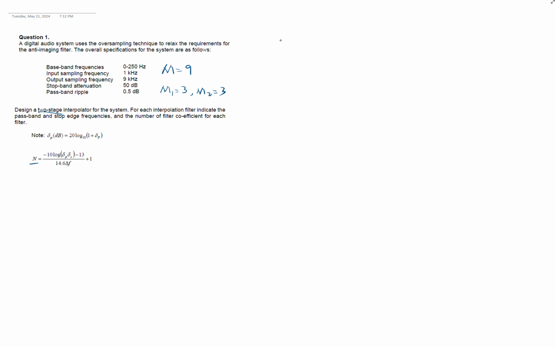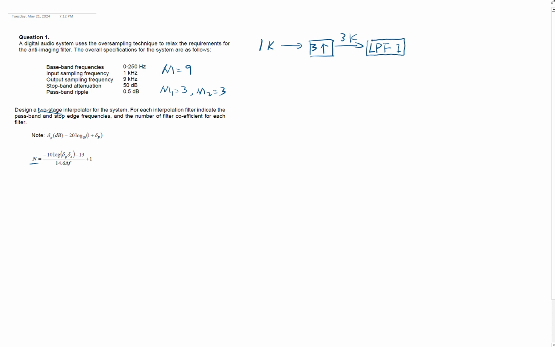At the system level, we have a 1 kilohertz signal going in, and a 3-times oversample, and the signal becomes 3K, and we need low pass filter number 1.